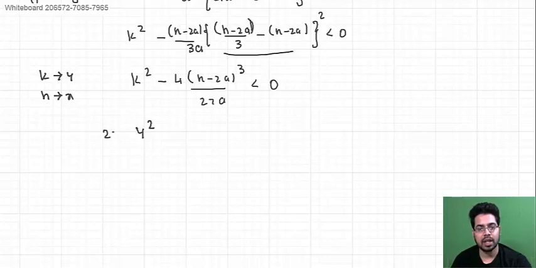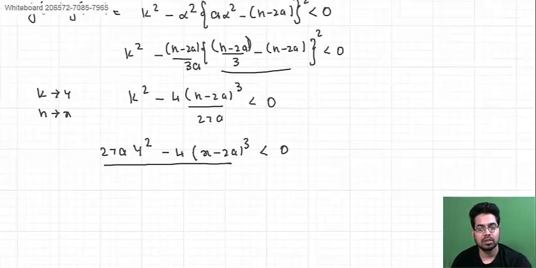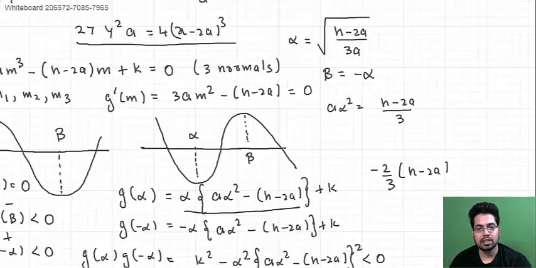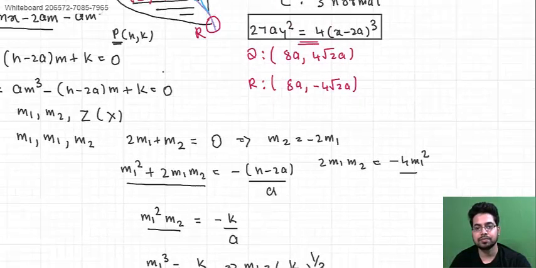In fact, on taking LCM, 27 a y square minus 4 x minus 2a whole cube less than 0. And if we look at this curve, this was the same as this curve.